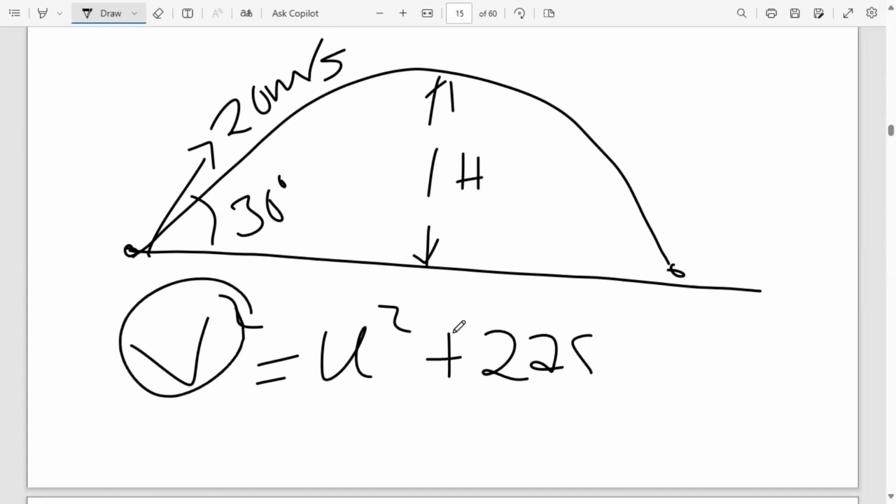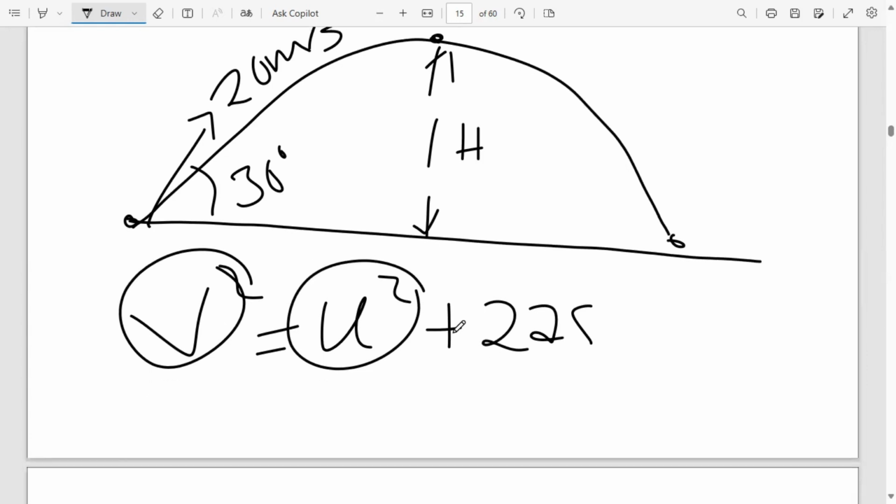We know the final velocity, because it's reaching the top, will be 0. The initial velocity we're supposed to calculate. The acceleration is negative 9.81. So what is the initial velocity? The initial velocity will be the velocity in the y-axis. So it's going to be 20 sine 30 degrees, giving me 10 meters per second.